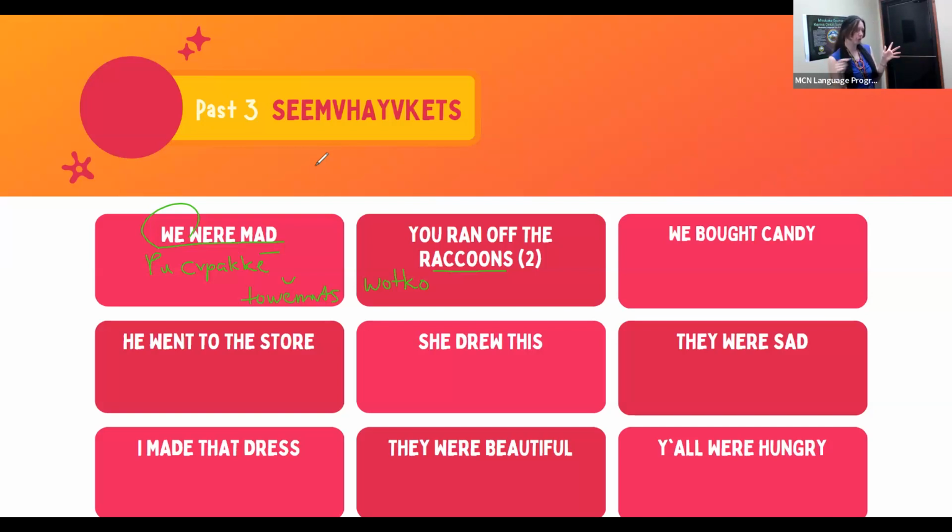If we remember, to run changes for 1, 2, and 3 or more. So to run off, to make someone run, also changes for 1, 2, and 3 and more, right? So for 2, the base verb is do go ida. To make run is do go quijida or quijida?